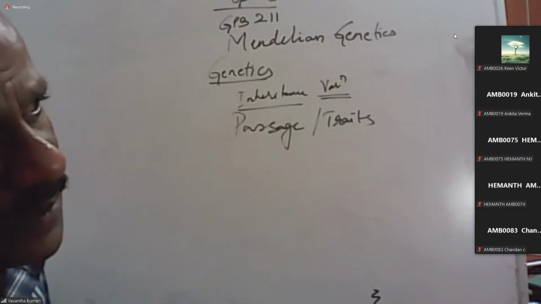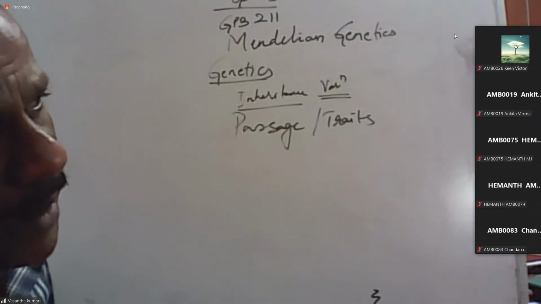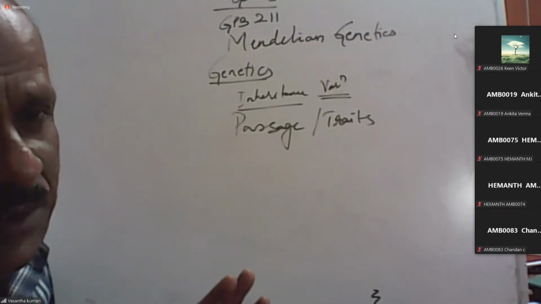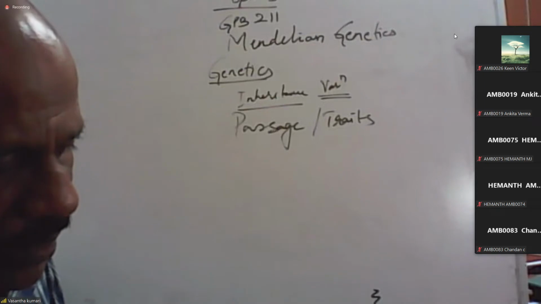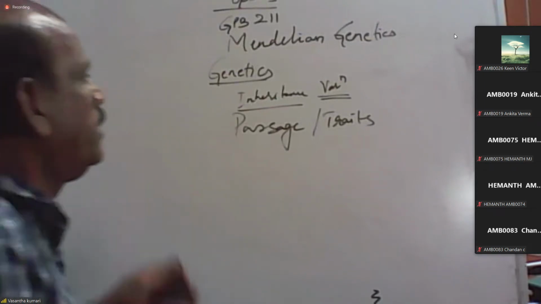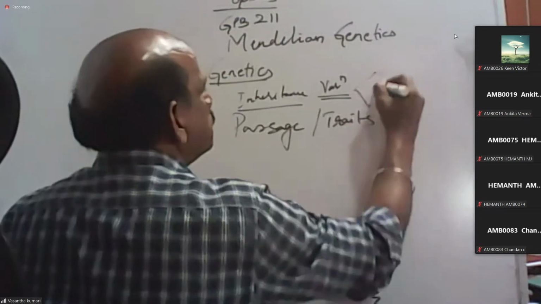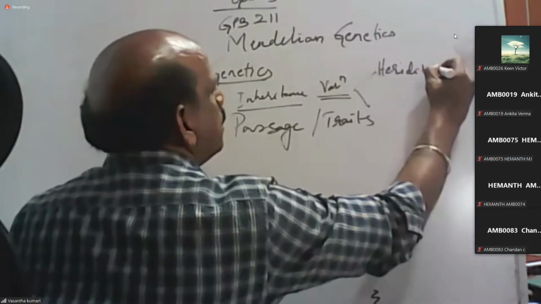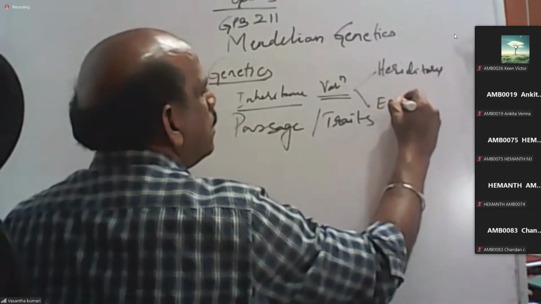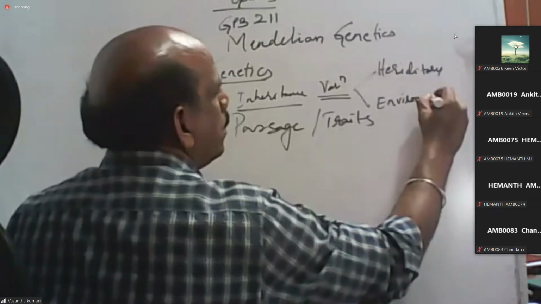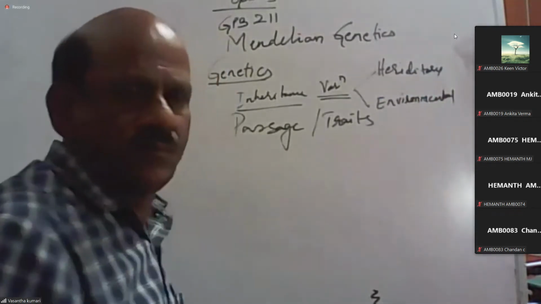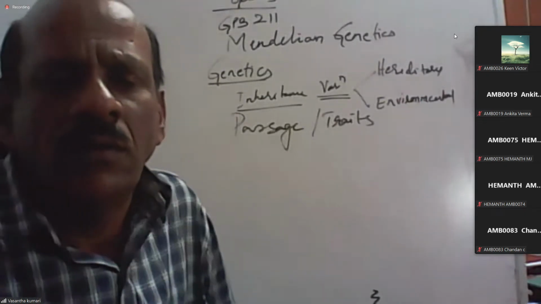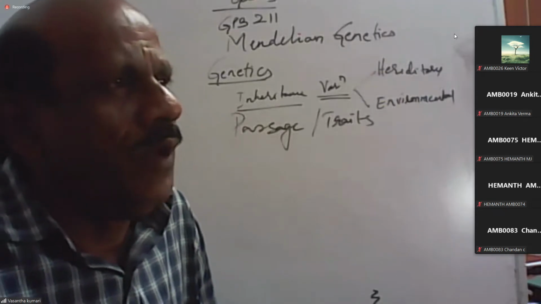Differences that you observe among or between progeny from the same pair of parents. Variation could be either hereditary or environmental.